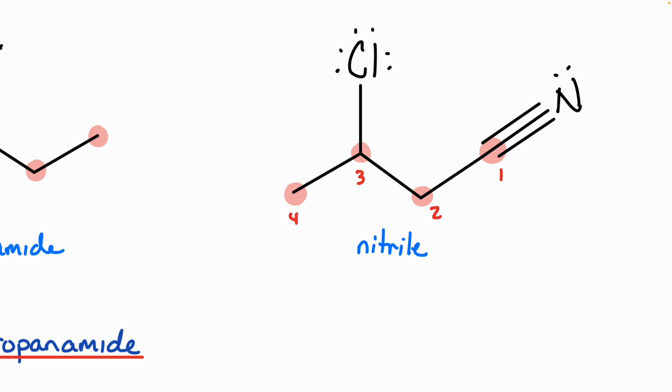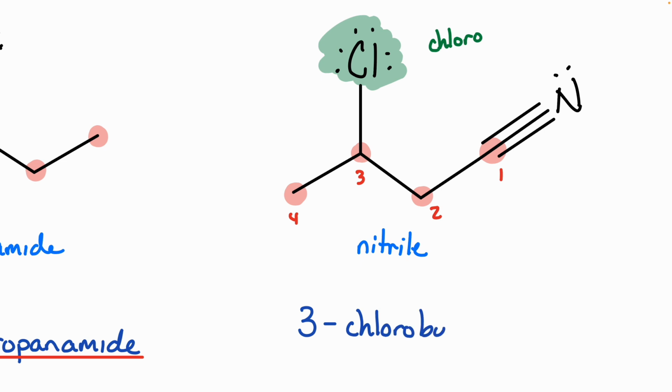So then this would just be a chloro substituent. All right, so 3-chloro, but for my 4 carbons, and for all single bonds, but then I'm going to retain that E at the end there, so 3-chlorobutane nitrile.